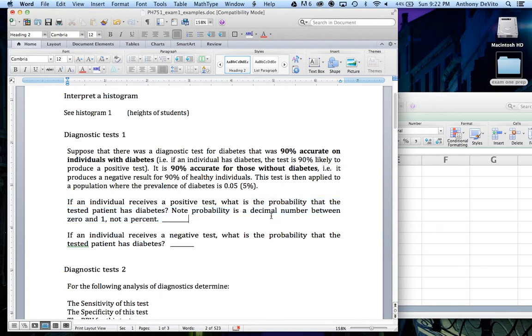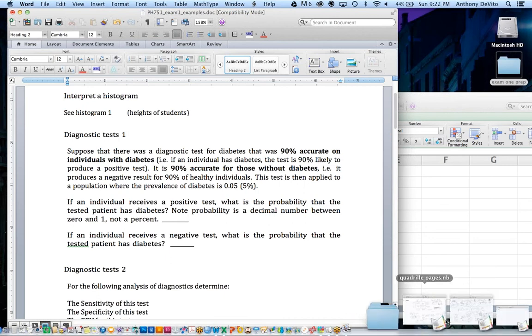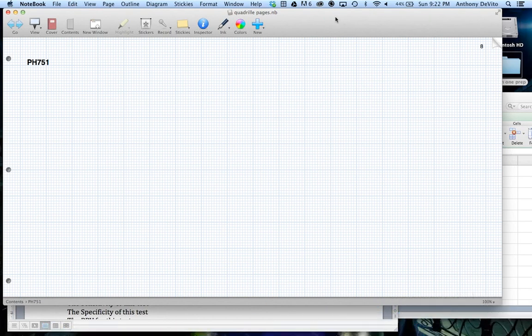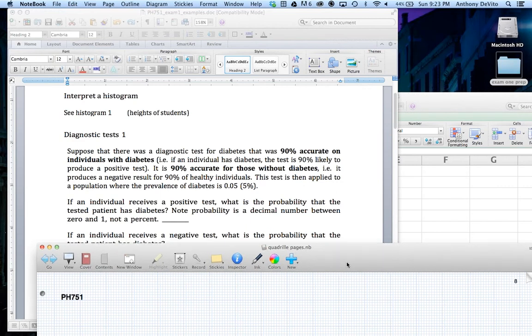Let's actually calculate it. There are a couple of ways that we can do this. One way, I'm going to pull up my writing board and find my notepad. One way that I might do this is to draw my own little table.